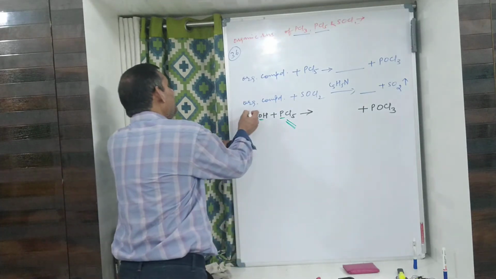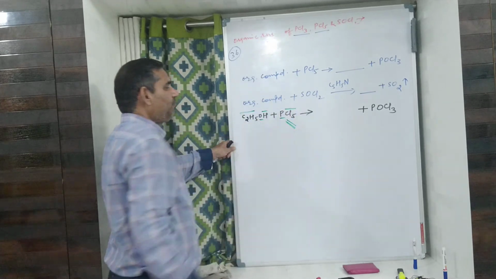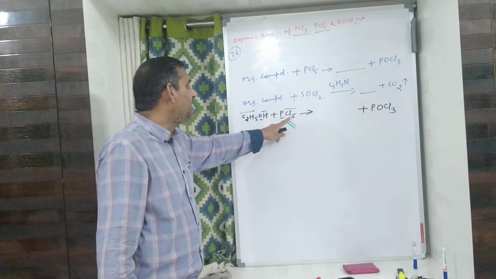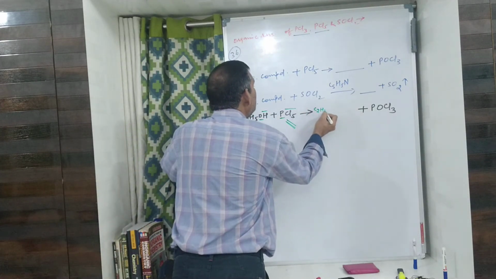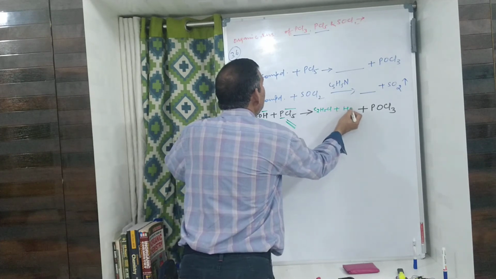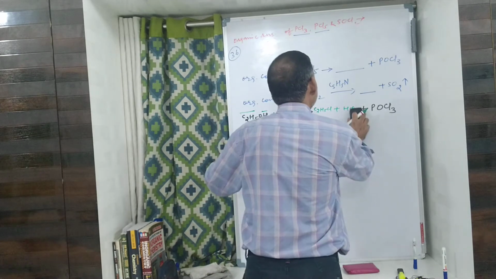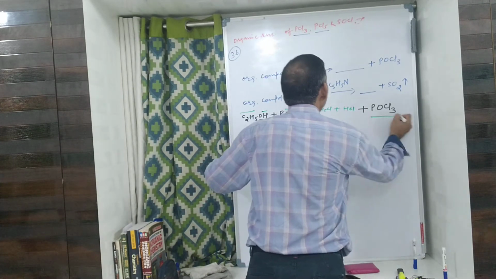Now what rest is? Rest is 1C2H5, 1H and 2Cl. 1Cl will combine with 1C2H5 and 1Cl will combine with H to form C2H5Cl plus HCl, other than this POCl3.